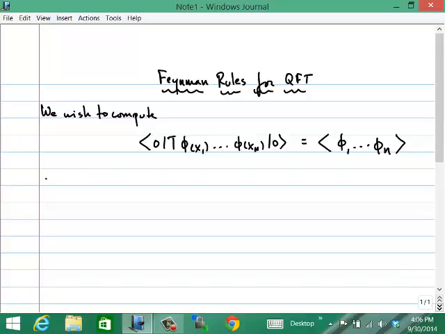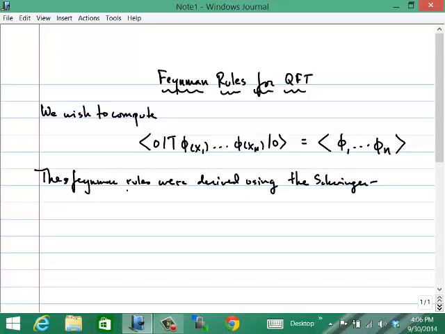Okay. And these Feynman rules were derived using a set of relationships between different correlation functions known as the Schwinger-Dyson equations, which were derived only assuming the canonical commutation relations of a quantum field theory, namely that the equal time commutator of phi and the time derivative of phi is equal to a delta function.